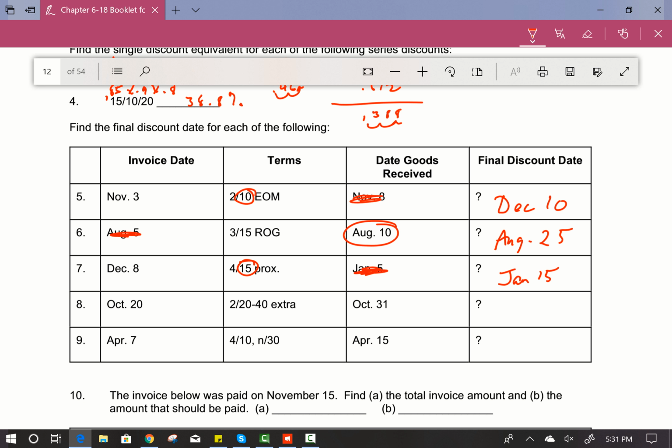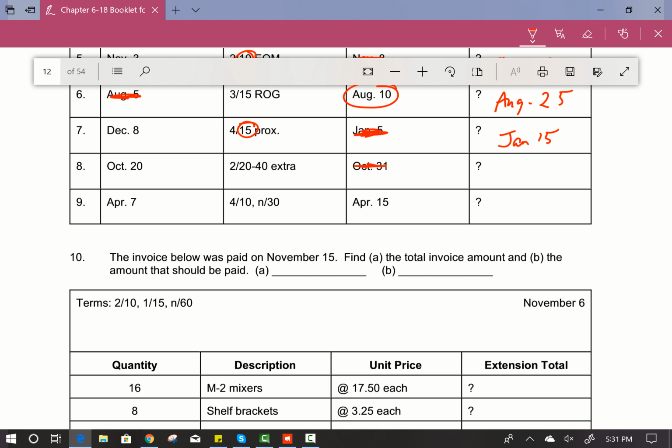Then October the 20th with 60 additional days. So I'm not going to pay attention to the date that the goods were received.